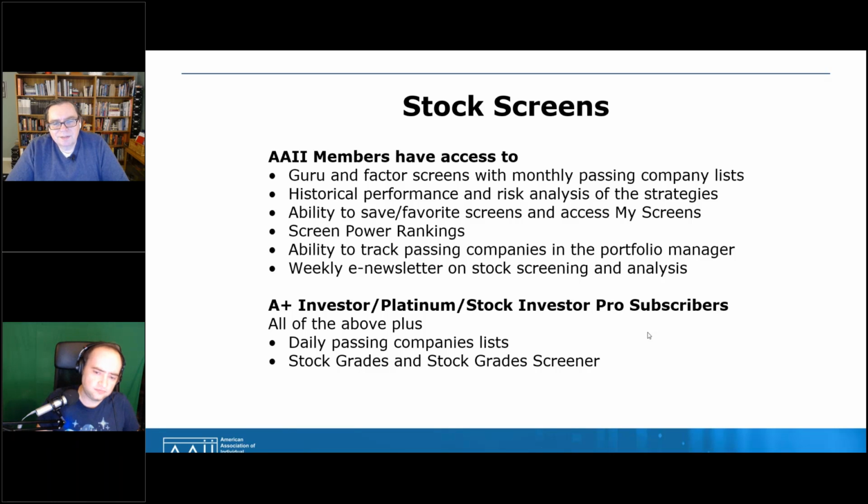It's funny, you look at an author like O'Shaughnessy, and he's written a number of books on the screening process. In his first book, he developed only 2 screens, a growth screen and a value screen. Then he had a revised edition, and he created about a half dozen different approaches, like a Tiny Titans approach.